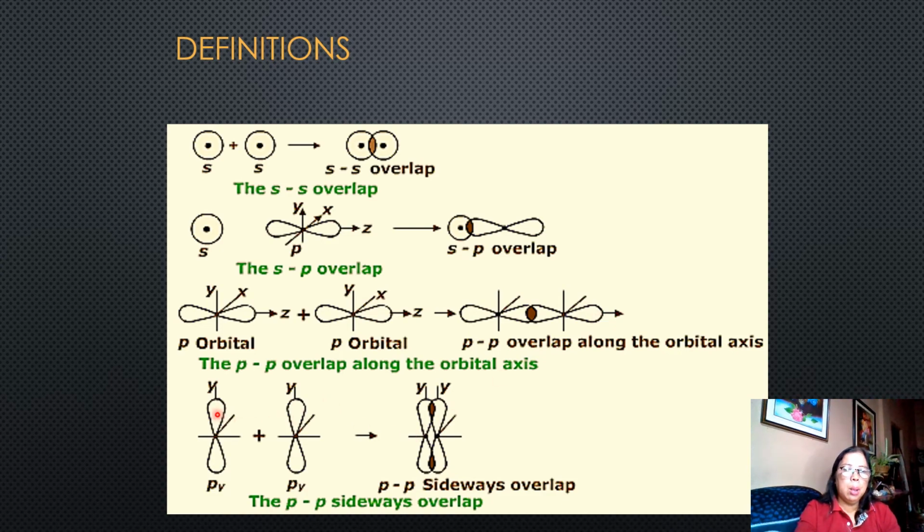Or you could have y orbital bonded with another y orbital, forming this structure. So if you're going to look at this, it is linear. But if you're going to look at this, it seems like a hot dog, or two hot dogs linked together.